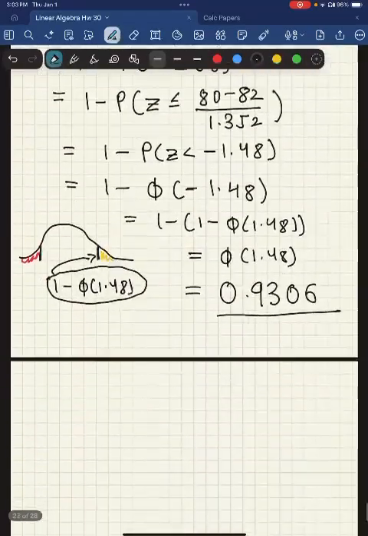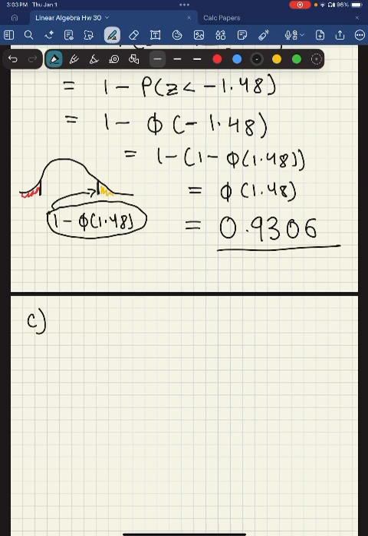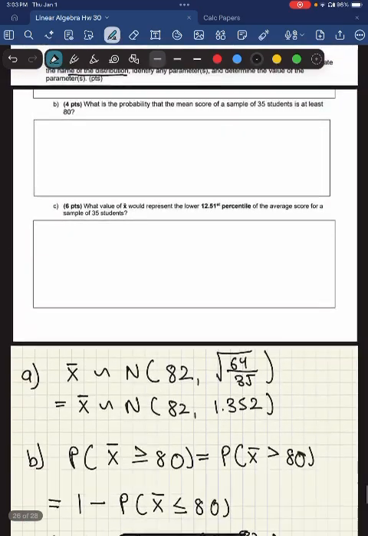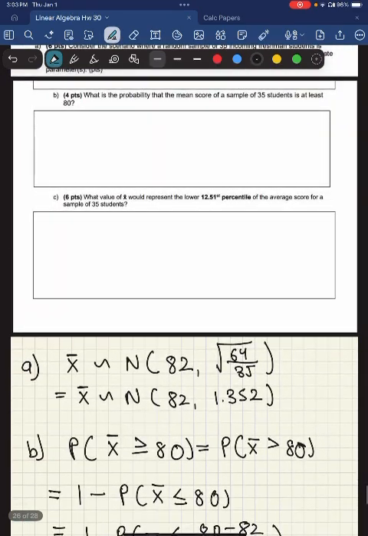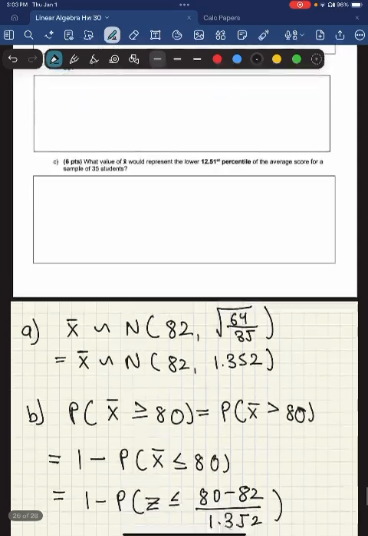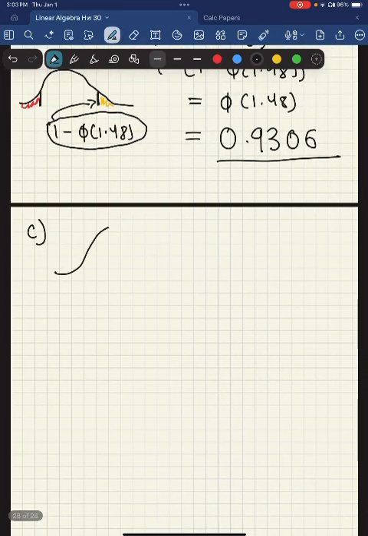Okay, now we go to part C. What values of x bar would represent the lower 12.51th percentile of the average score? Basically, on this graph, they want us to find the z such that this area right here is equal to 12.51%, which is just 0.1251.